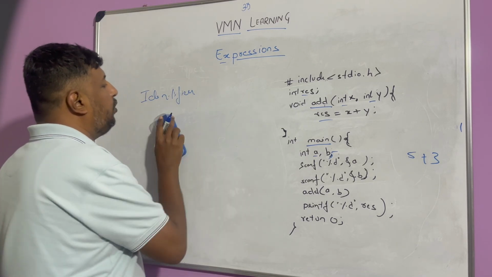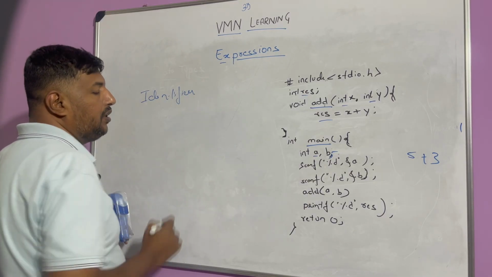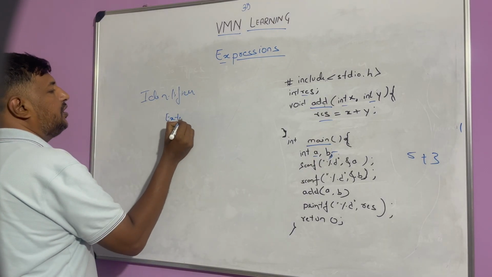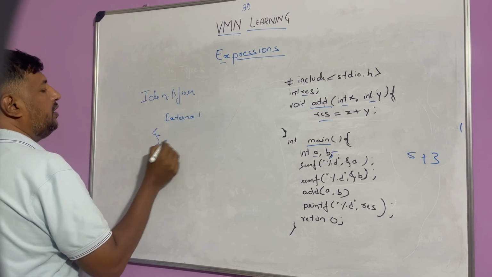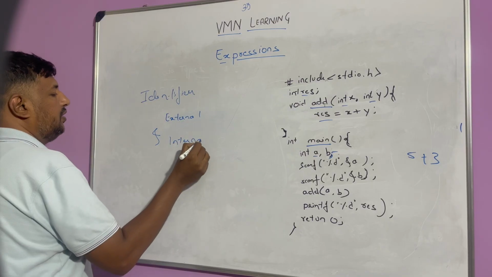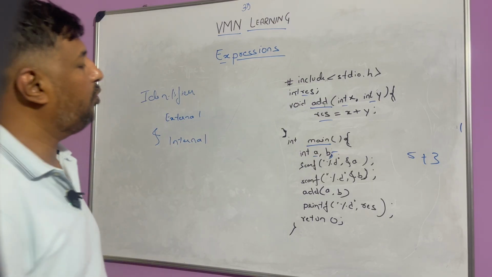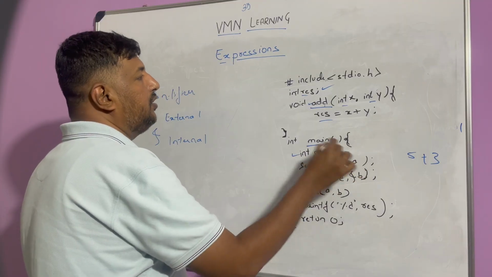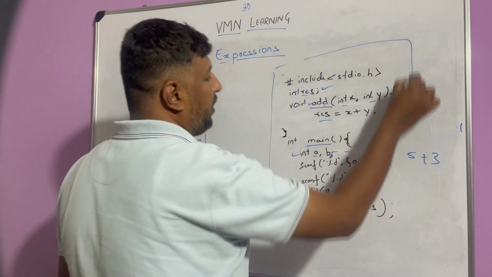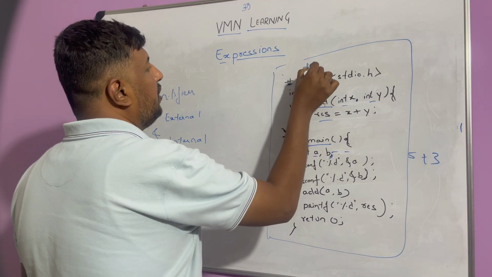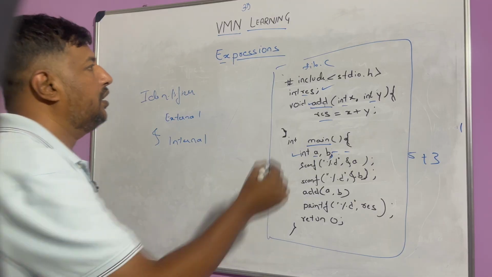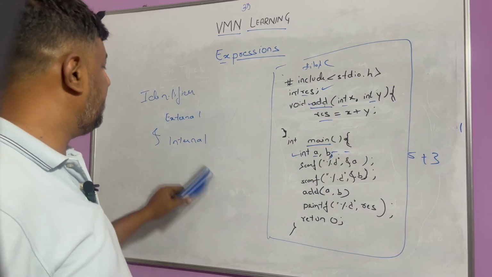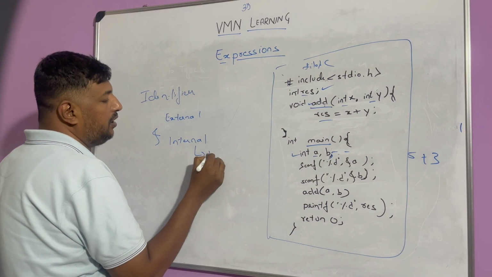Now there are two types of identifiers: external and internal. Whatever we have written here is internal because it is all written in a single file, file1.c. So within the same file, if anything is written, those are internal.